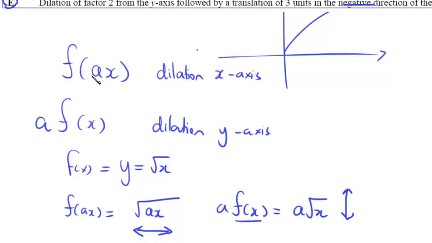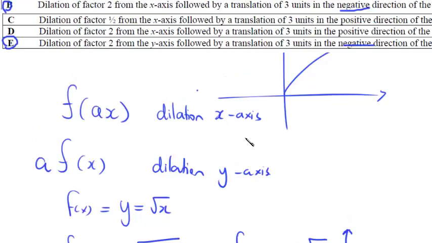If a is greater than 1, so listen very carefully to this one, we already went through this before with other students in maybe lecture 3 or 4. If a is a positive number greater than 1, it doesn't actually stretch along the x-axis. It actually compresses.